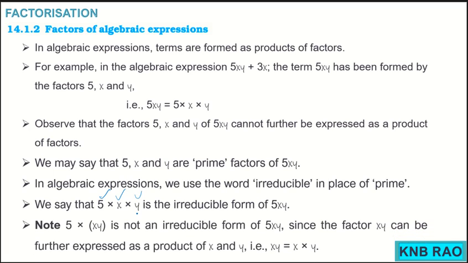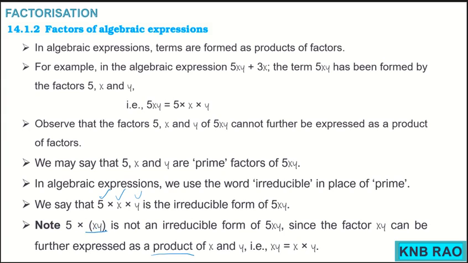Now, can I say 5 and xy, that is the product of xy, are in irreducible form? No. Why? Because xy can be further written as the product of x and y.